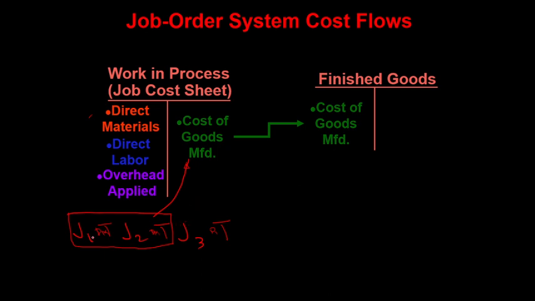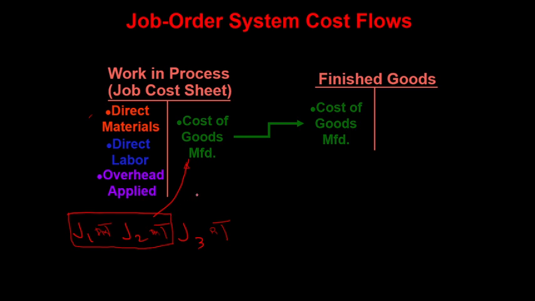Okay, so from J1 and J2 only, the cost for J1 and J2. Or they could ask you, how much is the direct materials associated with the cost of goods manufactured? Then it's only asking for the direct materials of J1 and J2. Or how much is the direct materials associated with the ending balance of your work in process?